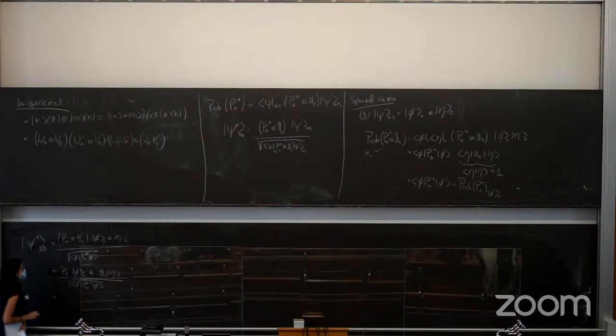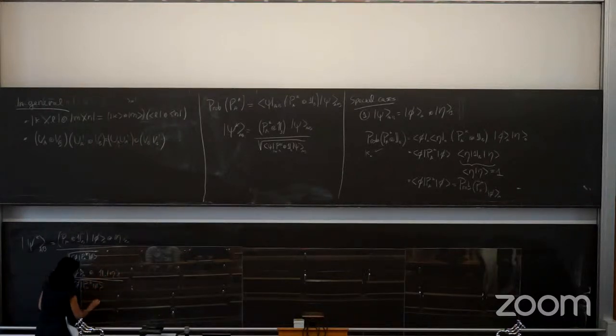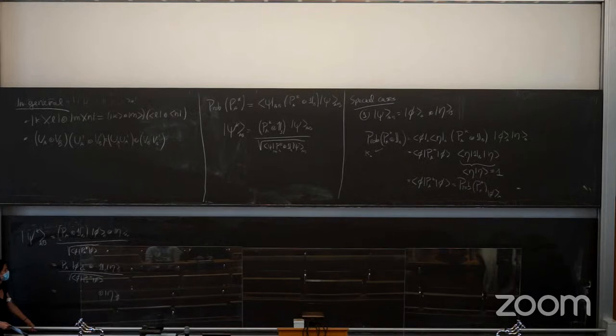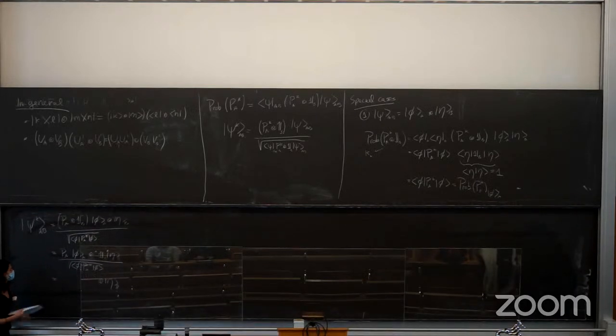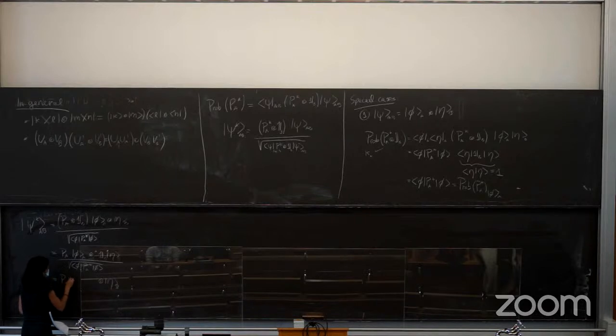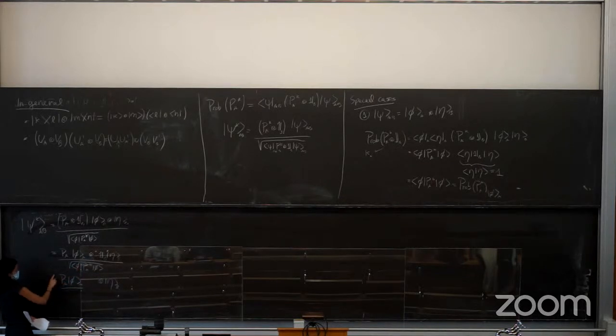So on the B side, we just have eta B. On this side, we have PA. And this is a number. It doesn't matter if you put it here or just under this. It's just a number.